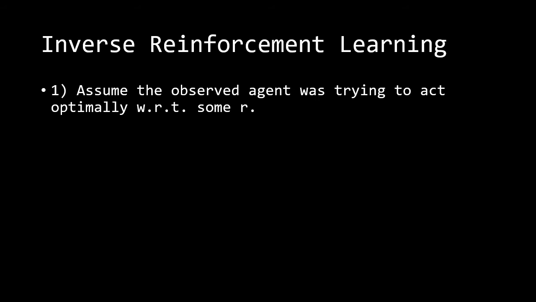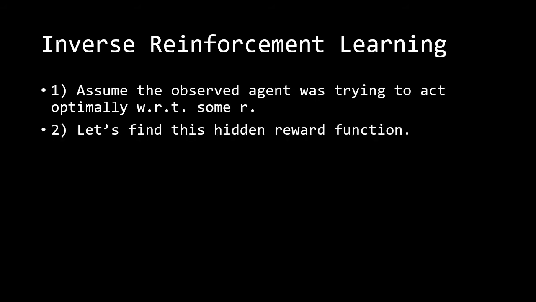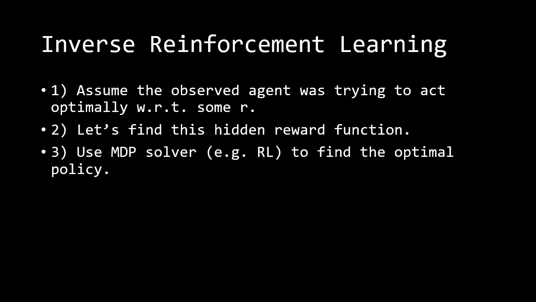They have an internal reward function, and the goal is to recover or to estimate it. And then once you have it, you just use the MDP solver to find the optimal policy.